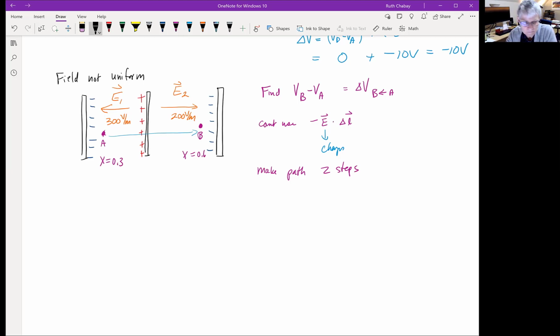Our new point is going to be a point C, and we're going to put it right there beside this middle plate. The middle plate is very thin, and its location is 0.4 meters.